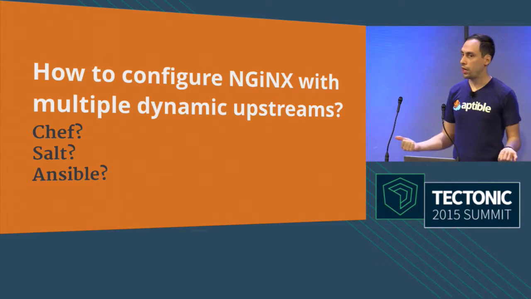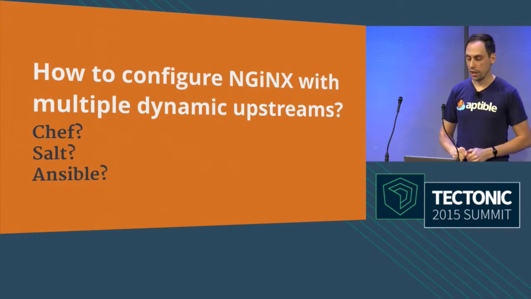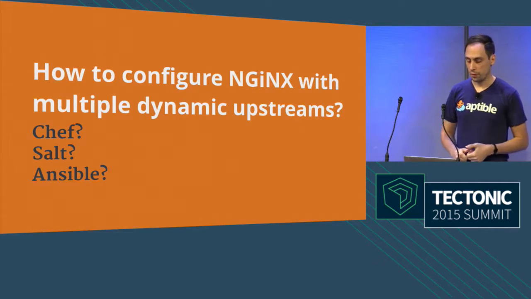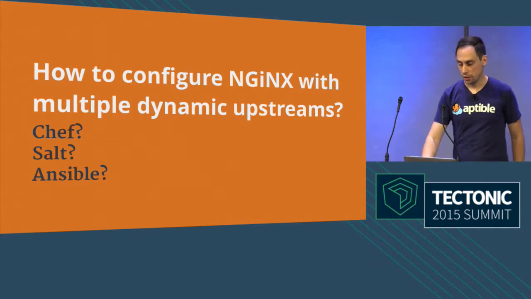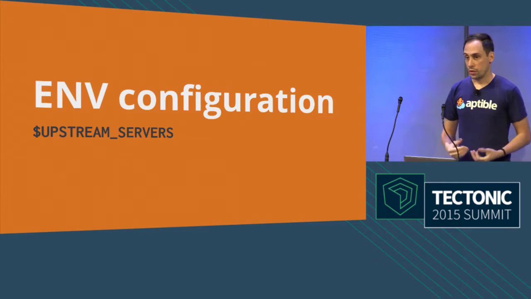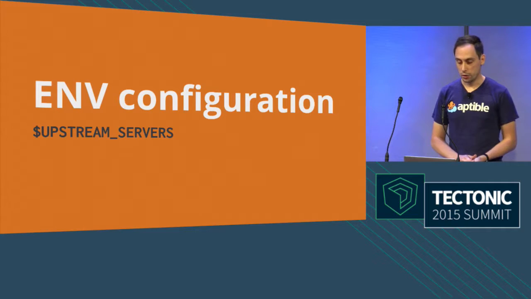There are a ton of different ways to configure Nginx with multiple dynamic upstreams. This is something that a lot of companies do. You could use Chef, Salt, Ansible, any number of server automation technologies. What we do is we use a container that is configured via environment variables.